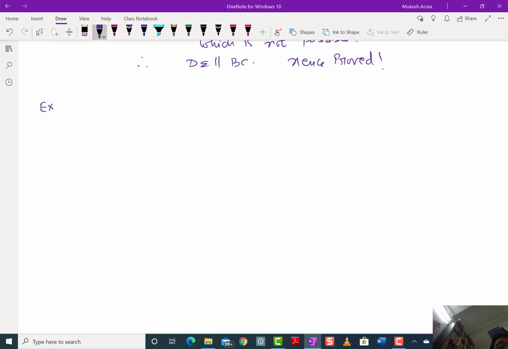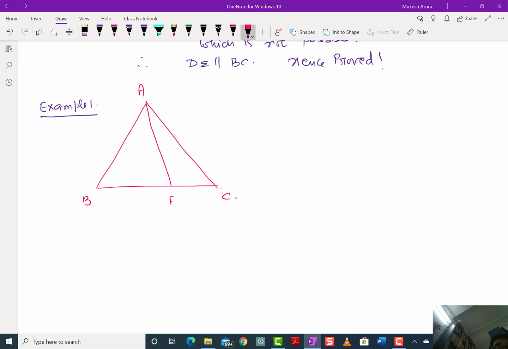Now we do a few sums. Example number 1: in a given triangle ABC, AE and DF, given AE is parallel to DF and DE is parallel to AC.